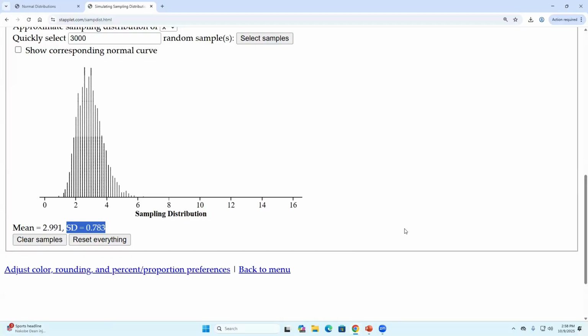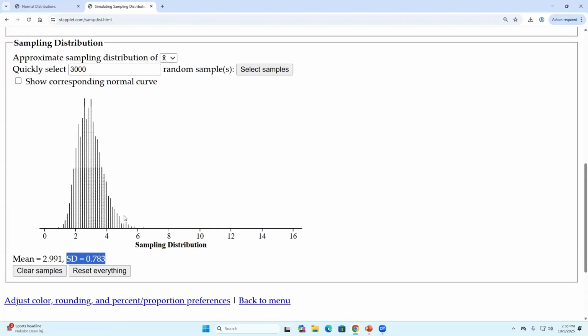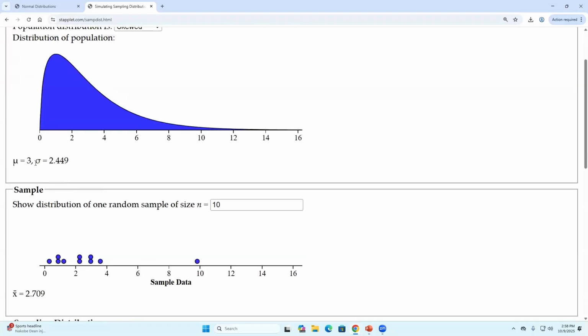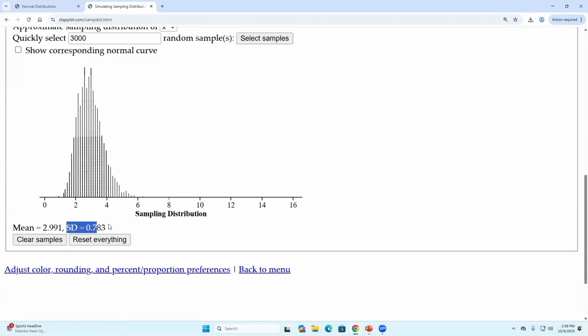Again, it's close because this is a simulation. If we could do this for 1 million samples, it would be exact. But that's the relation between the two. So what this has in effect done is decreased the variability we're dealing with from 2.449 by more than a factor of 3 to 0.783.